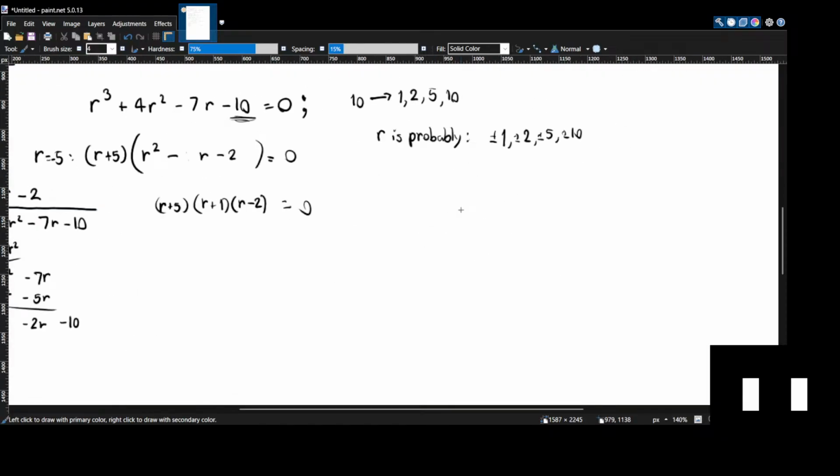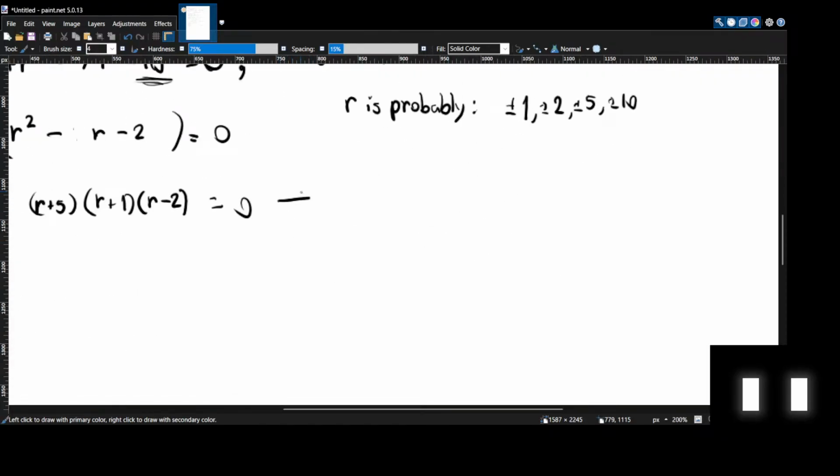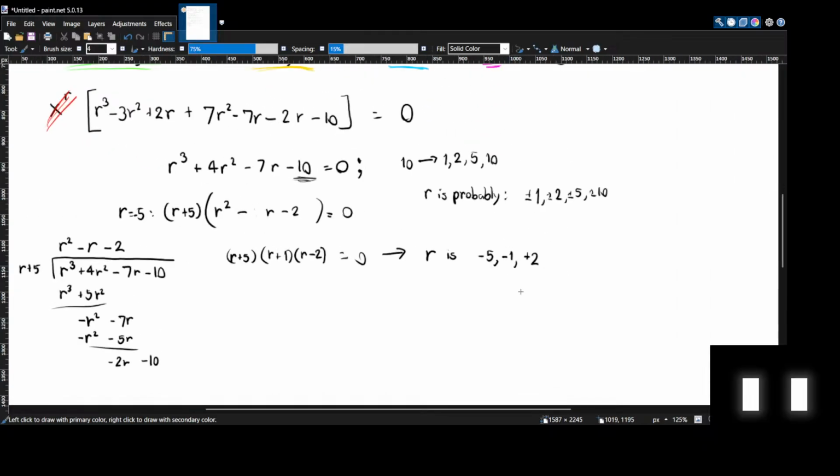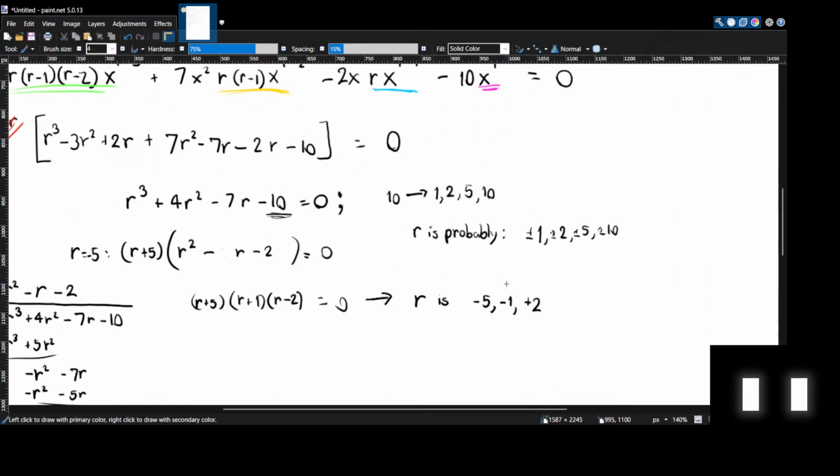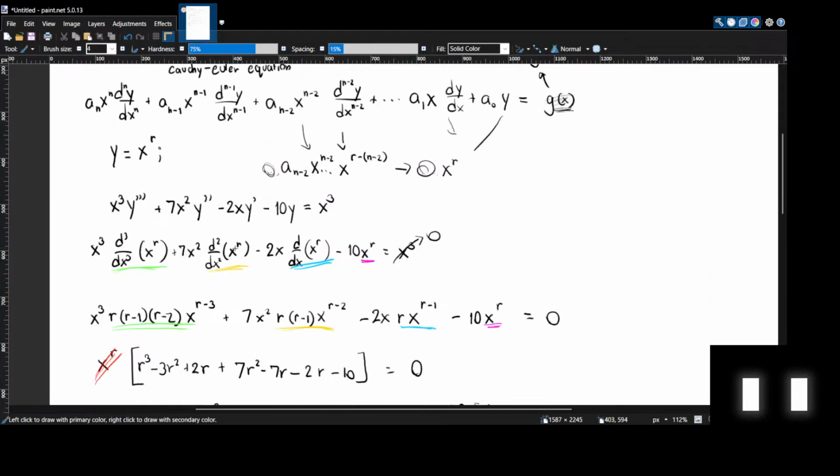And that is our polynomial, which means that the possible values of r are negative 5, negative 1, and positive 2. Therefore, these are the values of r that we found from assuming that y equals x to the power of r.